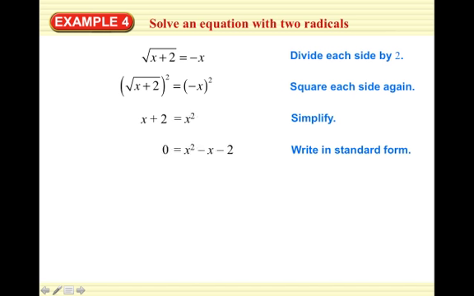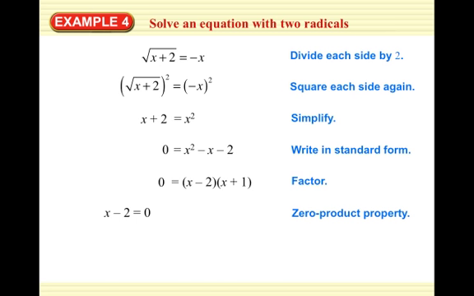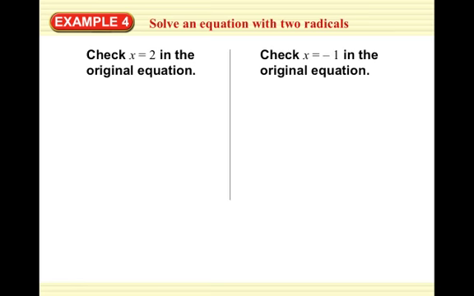So 0 equals x squared minus x minus 2. So now we factor. And we get 0 equals x minus 2 times x plus 1. We use our zero product property to get solutions or potential solutions. x minus 2 equals 0 or x plus 1 equals 0. So we're going to solve for x. That gives us x equals 2, x equals -1.